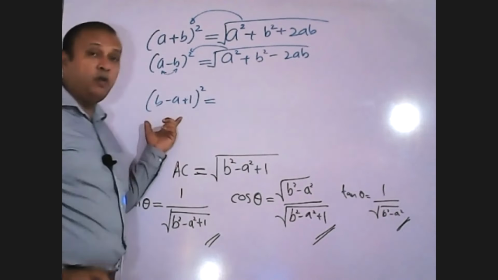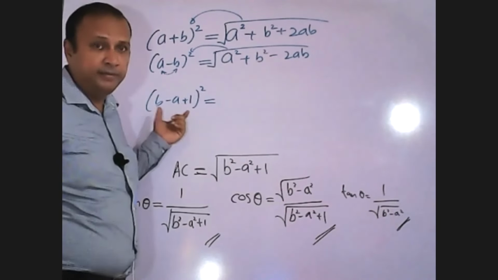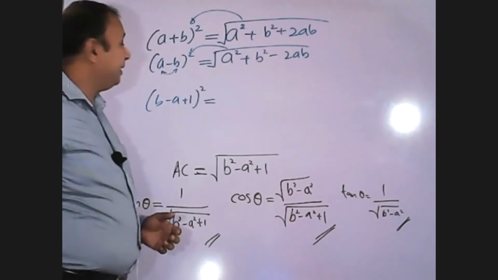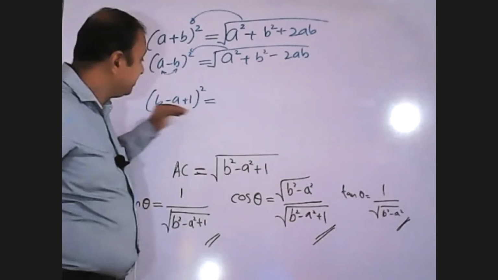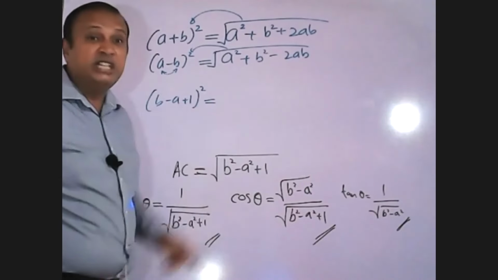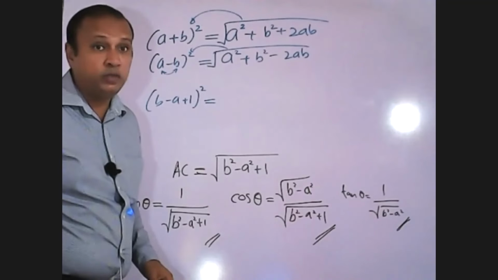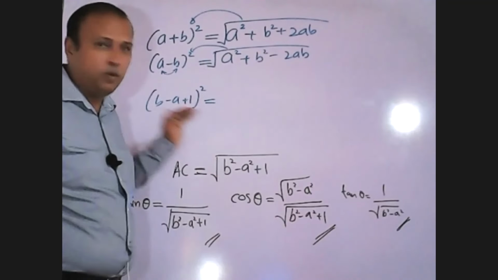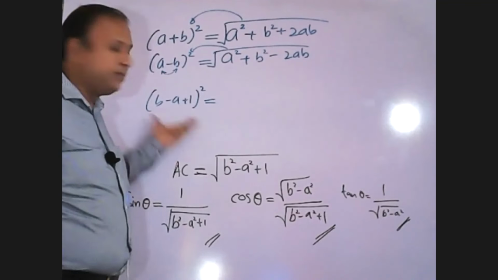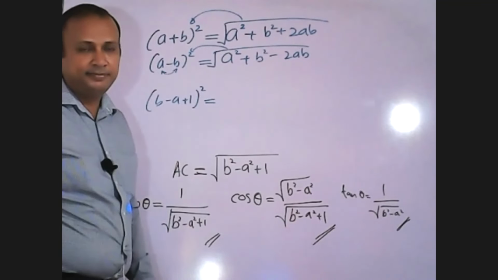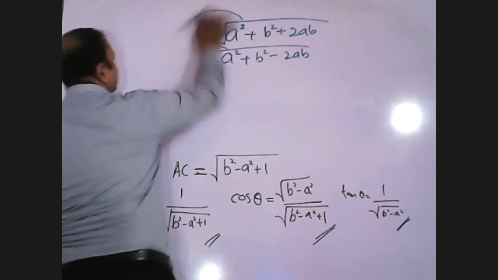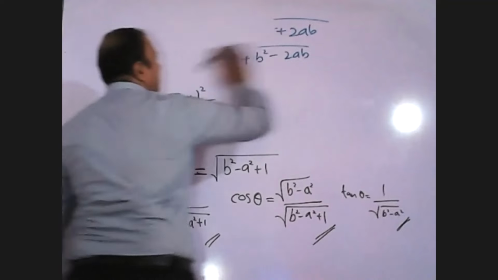As you remember, I have taught that in our previous lessons. I have taught how to take the square of a three terms algebraic expression, not a square root. Can anyone remember?